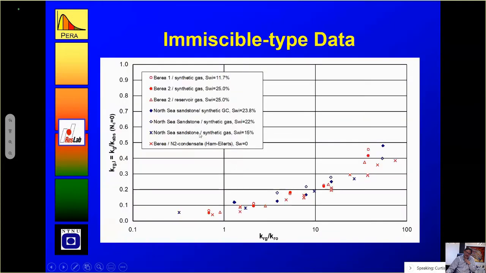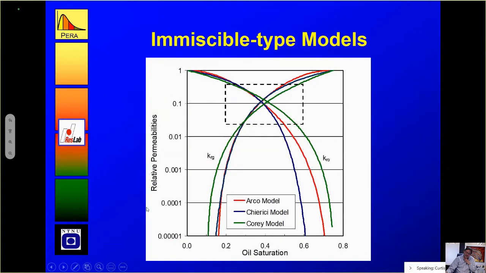Some of the data, immiscible, low capillary number type data. These are just different types of models. We were talking about the Corey that drops down much more rapidly than the Karichi and the ARCO model.